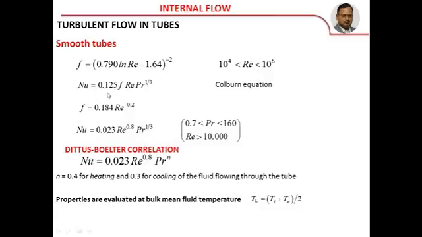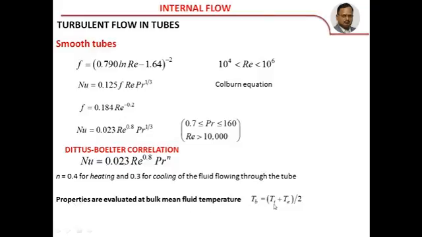Most important thing we have to remember in these internal flow problems is fluid enters at inlet temperature Ti and leaves at Te. So while it is flowing through the tube, gradually its temperature is increasing. So at which temperature do I have to consider the properties to evaluate the Reynolds number or Prandtl number?